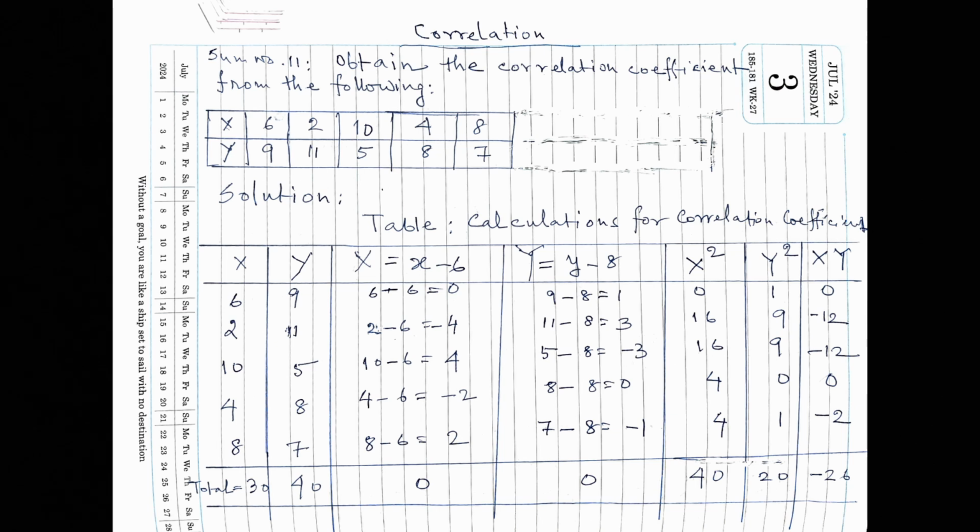The first column is x values, the second column is y values, the third column is capital X, derived from small x minus 6, that is, given x minus 6. Capital Y is equal to given y minus 8, and then capital X square, capital Y square, and capital X and Y columns.